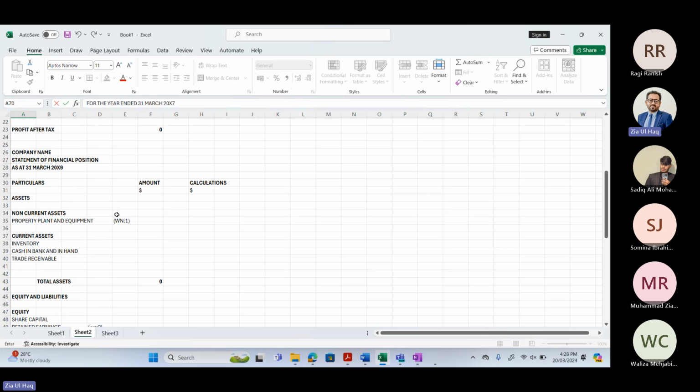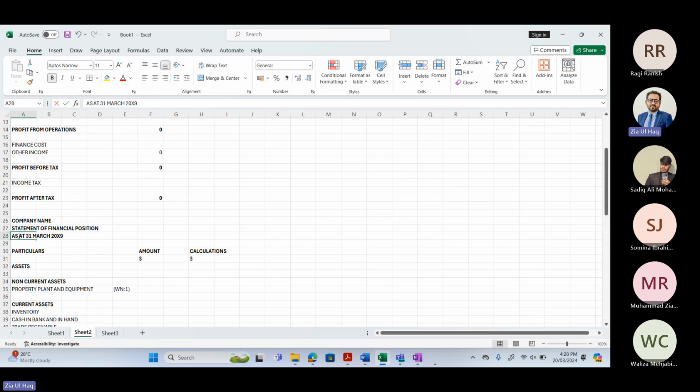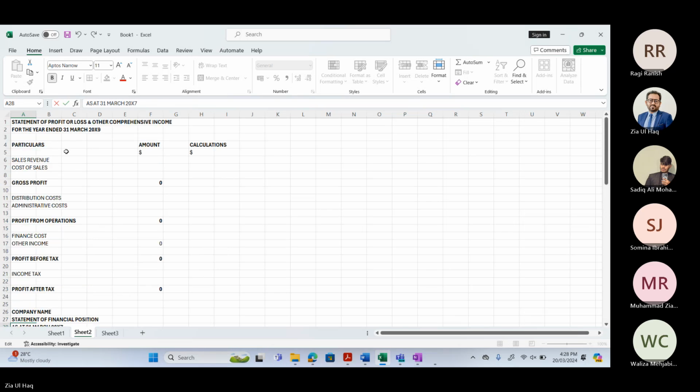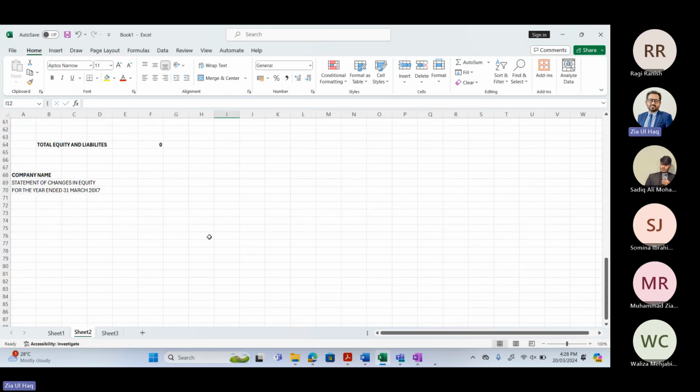Here as well, make it 20x7 instead of 9. Okay, so statement of changes in equity format.